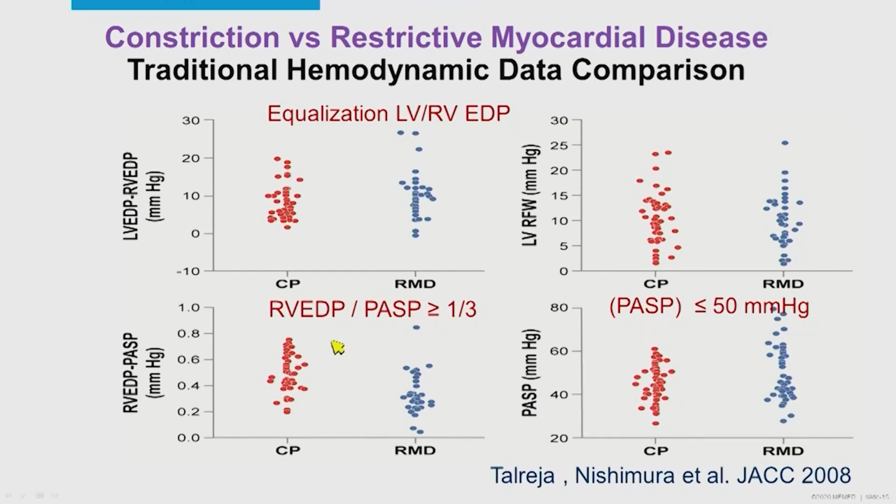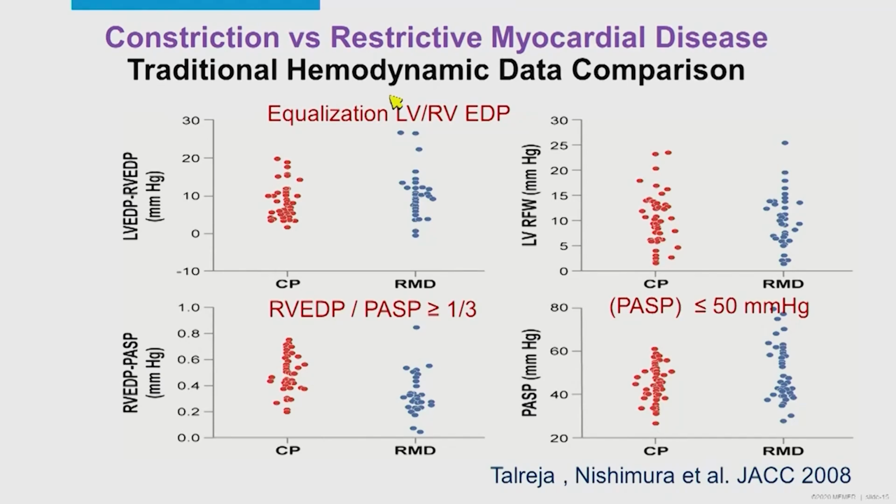And then RV-EDP over PA systolic pressure greater than 1/3. All of them had about 80% overlap with restrictive cardiomyopathy.